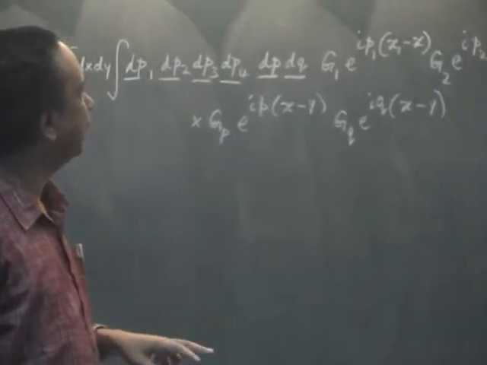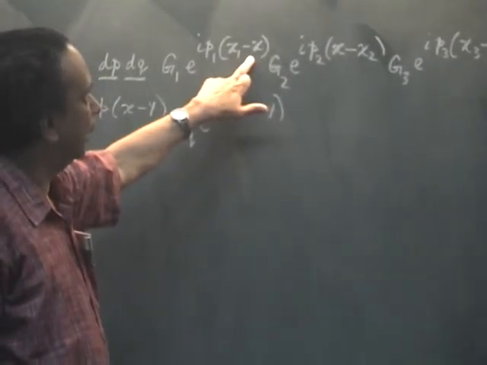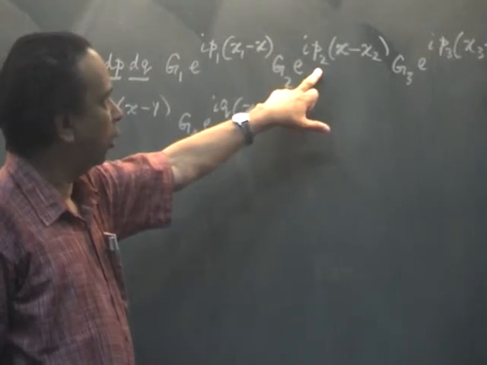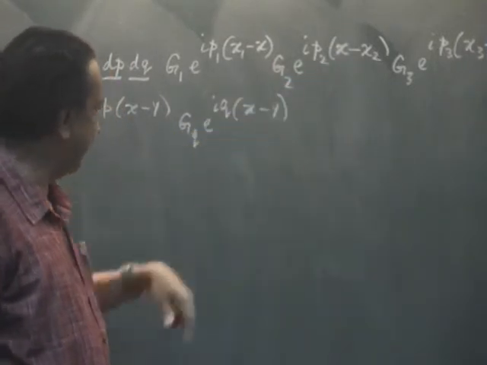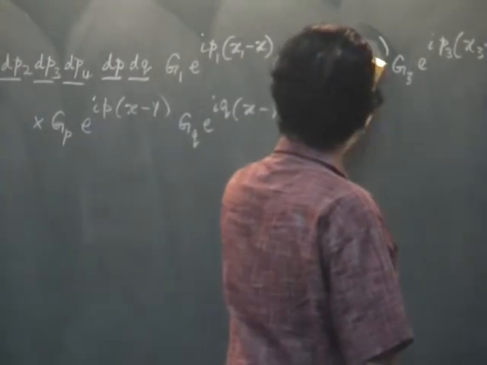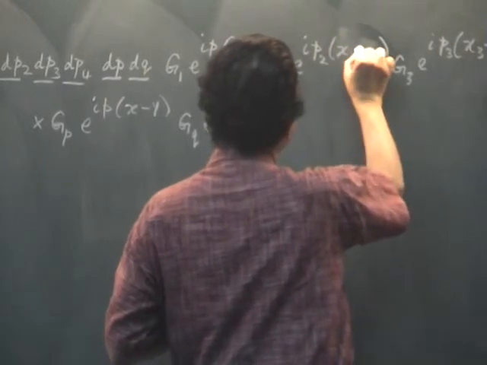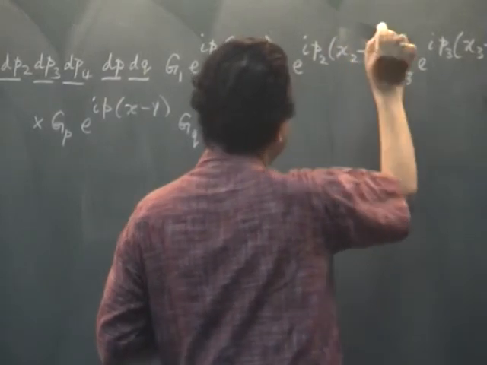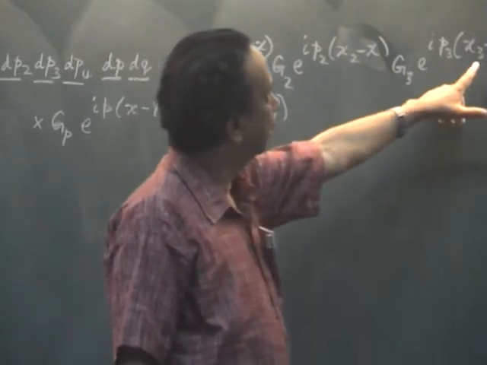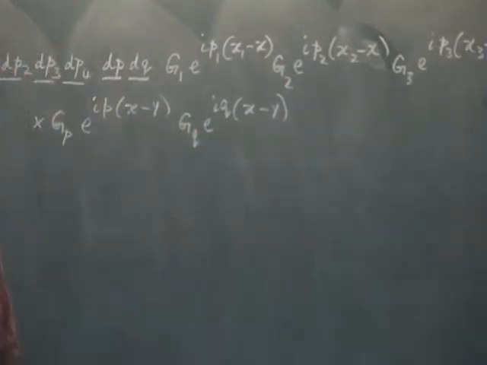So if I do the integration over x, I get a p1 here and I get a p2 with the opposite sign. So I actually should have written it as x2 minus x1 because I don't want p1 and p2 to come in with opposite sign. So let me make it as x2 minus x using that symmetry. That is fine. Then there is an x here and there is an x here.